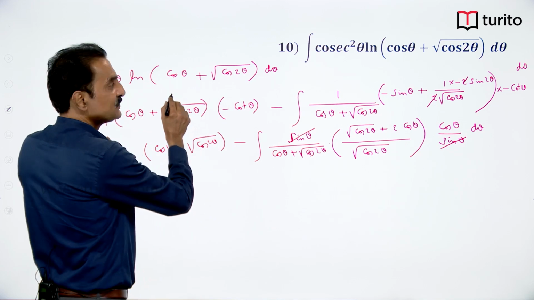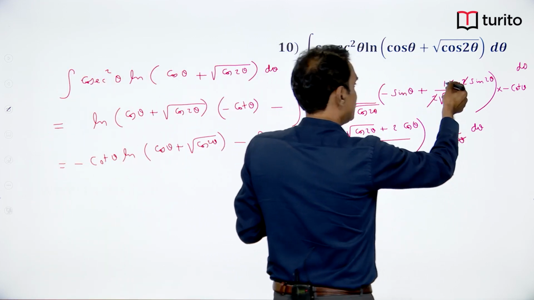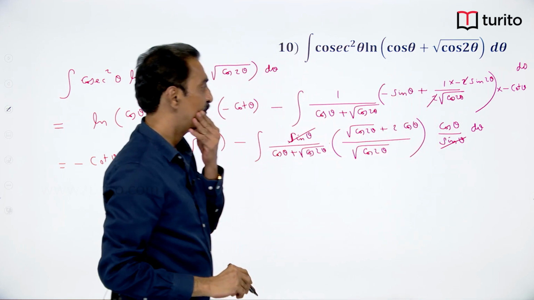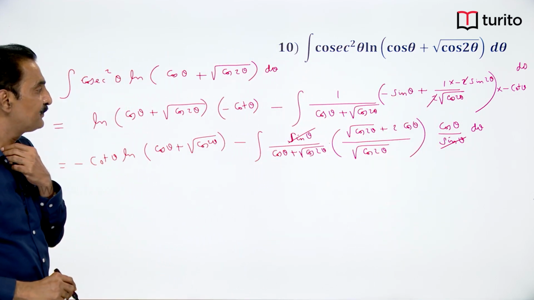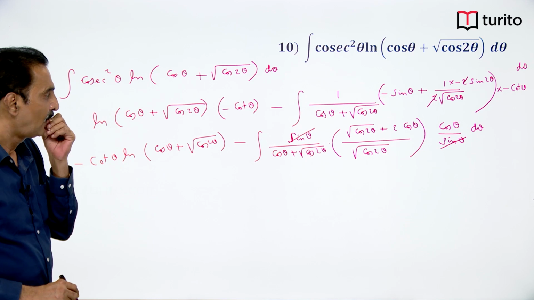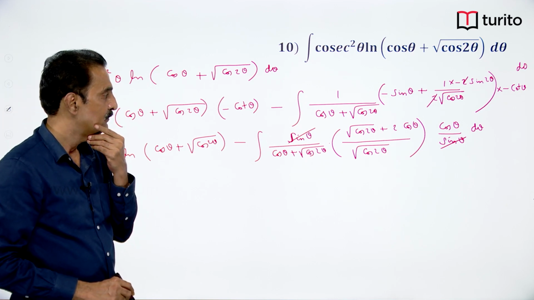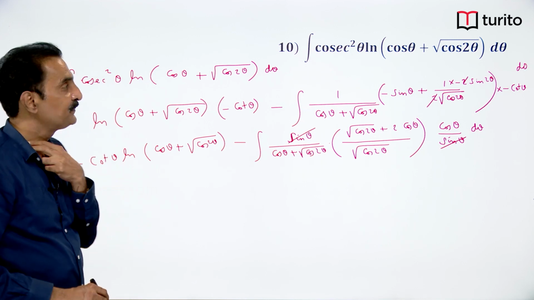Okay, if it is minus, what happens? Let us check. If it is minus, then also we are getting 2, we can't avoid 2. Some mistake is there definitely.